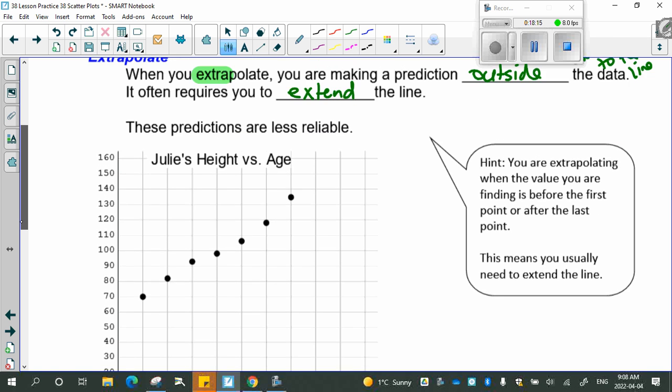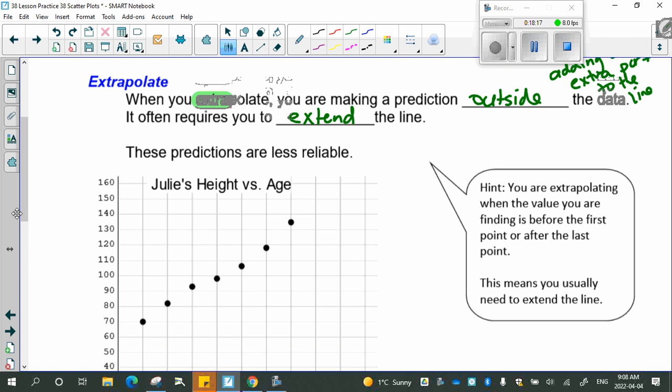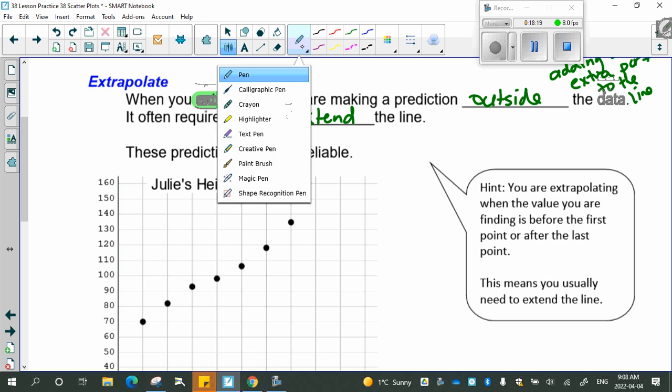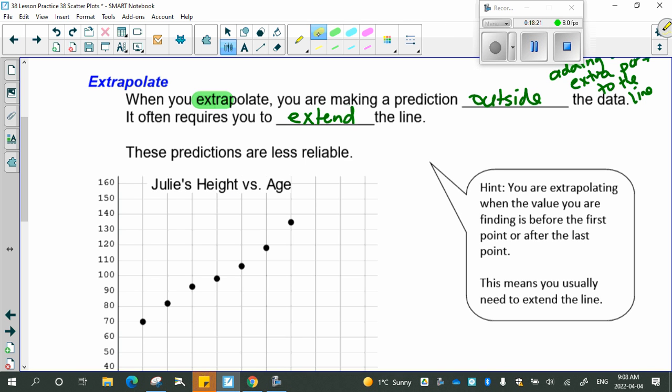So here we have Julie again. Oh, and sorry, these predictions are less reliable. So when you have to extend the line, the predictions become less reliable because you don't have any data for that. And just like age versus height, if I just drew in a line of best fit and used it to predict how tall I would be at 80, I'm not going to be way, way taller, am I?